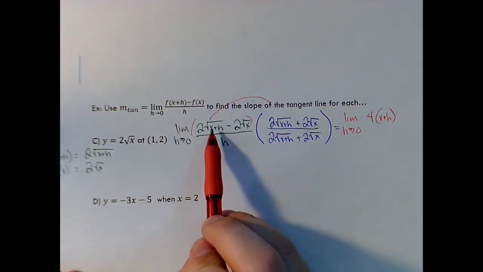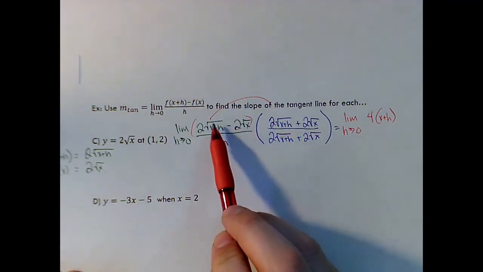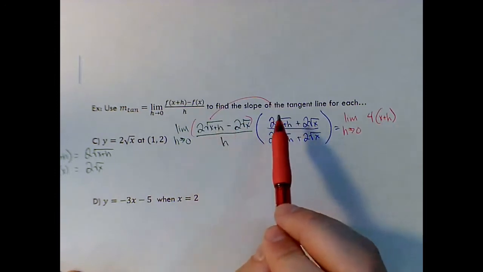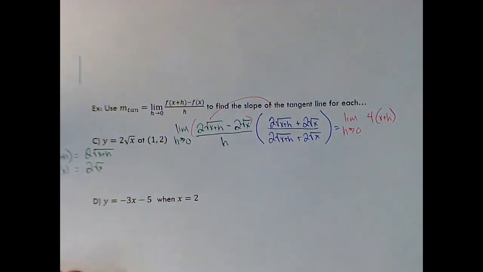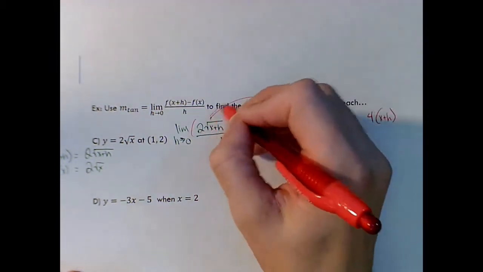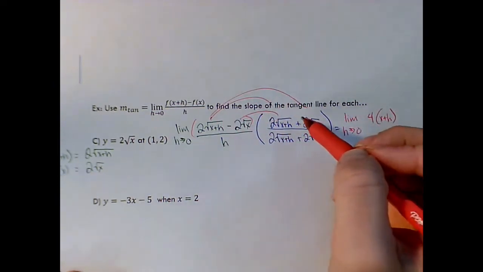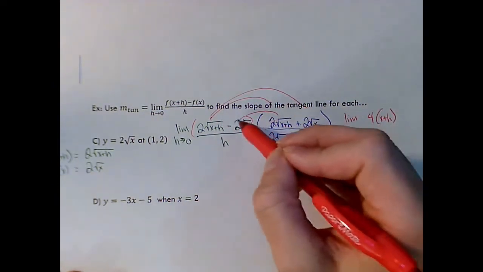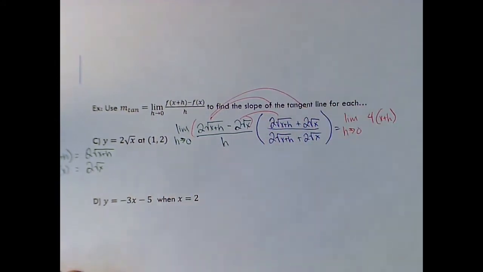The square root of x plus h times the square root of x plus h is the same thing as saying the square root of x plus h squared, and the square root and the squared cancel each other out. What's going to happen here is I'm going to have this guy times that guy minus the same exact thing. So whenever you multiply a binomial times itself and flip the sign, the O and the I cancel each other out.